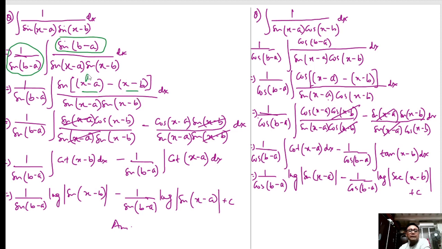So it is looking like sine a minus b, which is sine a cos b minus cos a sine b. This cuts, this cuts. So it is looking like cot x minus b, and cot x minus a. Integration of cot x is log sine x. So it becomes log sine x minus b, and log sine x minus a. That is the answer of this.